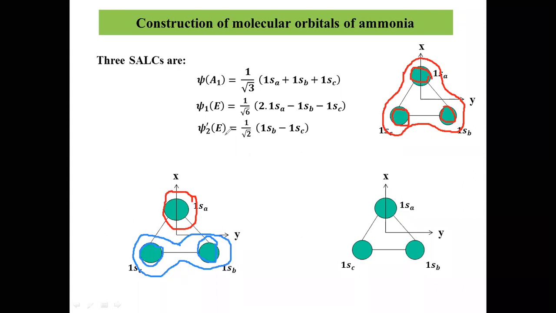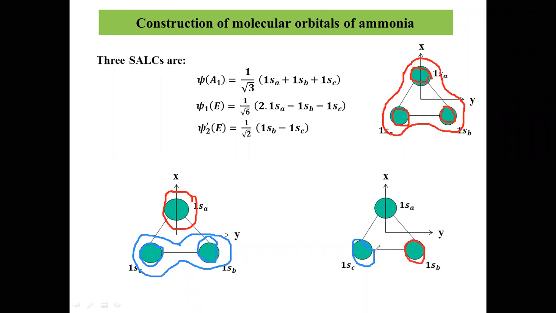Then if you go for the second one of E type, for 1s A we don't have any contribution, right? Then we have 1s B, this one, which is positive, and 1s C is negative, right? So I'm going to have the negative part like this, and for the positive part I'm going to use red color, so that is going to be this, right?